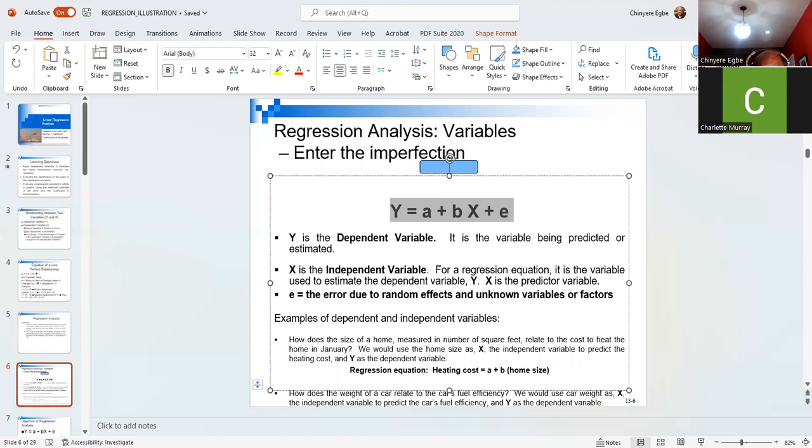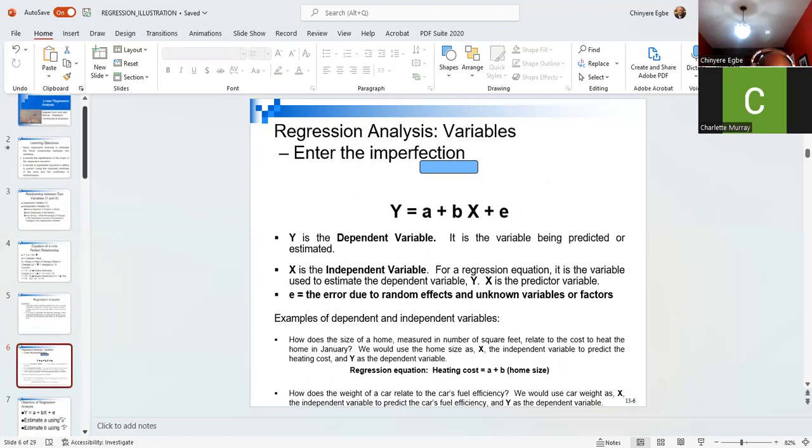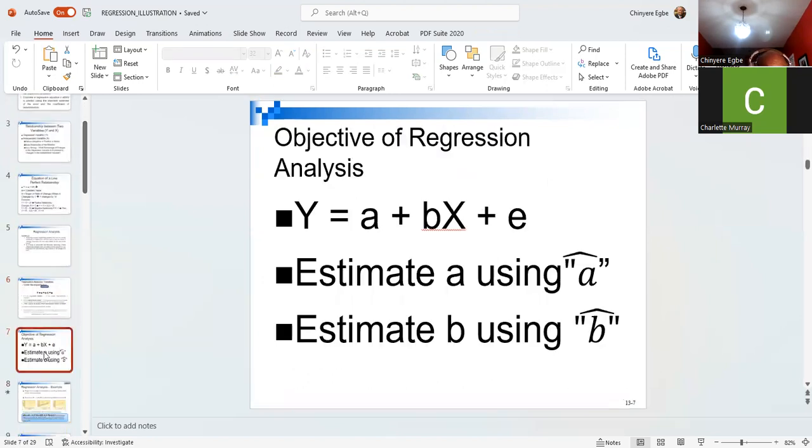And so when we use X to predict Y, there's going to be an error. The relationship is not going to be exactly perfect. So like we said, how do we find A and how do we find B? We estimate A and we call the estimate of A hat, and we estimate B and we call the estimate of B hat.